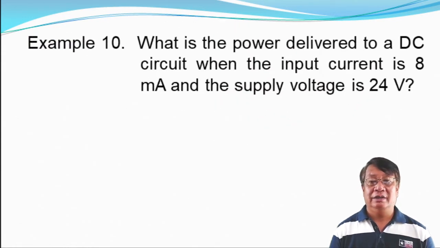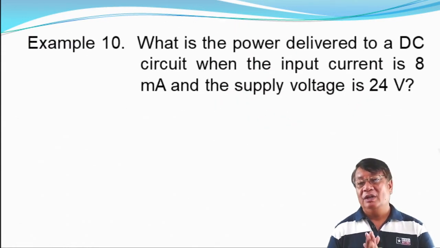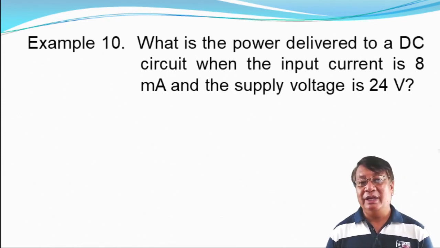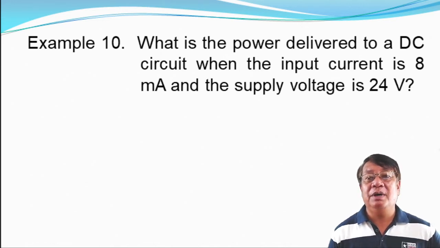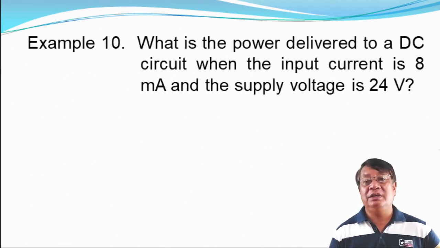So next, we have to continue. Okay, so we have this example. Example number 10. What is the power delivered to a DC circuit when the input current is 8 milliamperes and the supplied voltage is 24 volts?